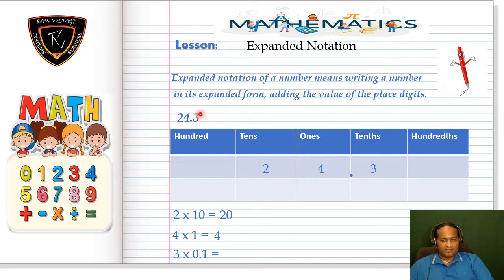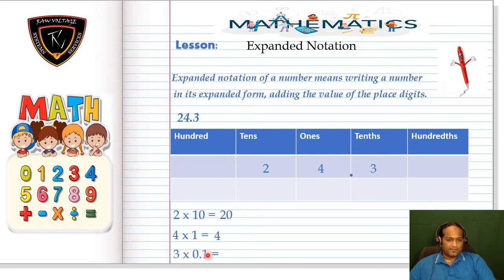Remember, in the decimal point, anything to the left is the whole number and anything to the right is the fraction. We will get into more of the fractions later on in the lessons. For now, just know that any digit in a tenths place is equal to that digit multiplied by 0.1.